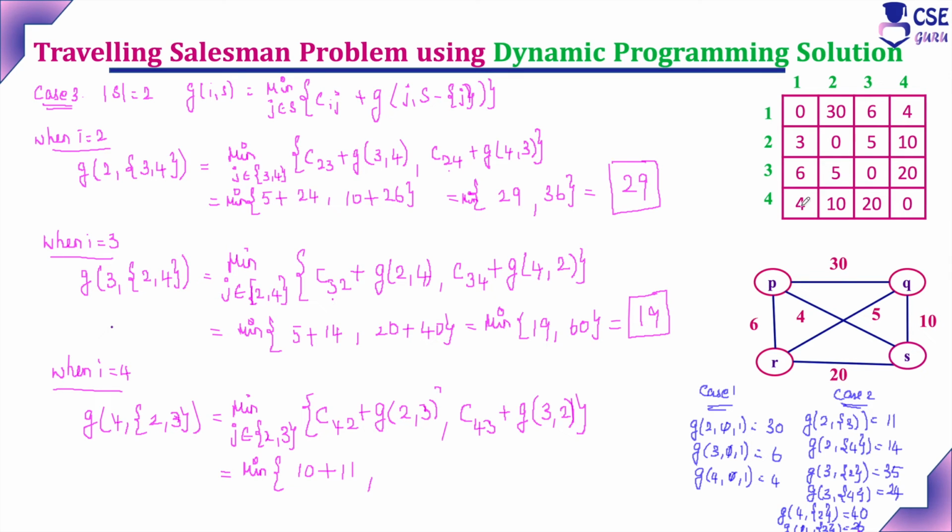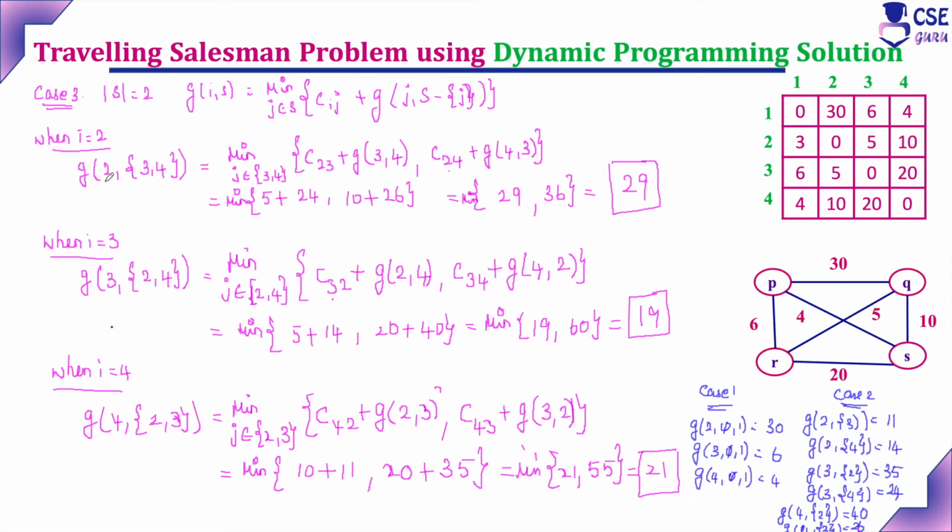Comma C4,3 cost is 20 plus G of 3,2. 3 to 2 cost is 35. So which one is minimum? Here we will get the minimum of 21, comma 55. Which one is minimum? 21 is minimum. So here in case 3 we are considering when the choice is 2.